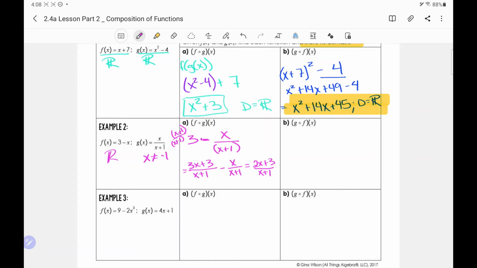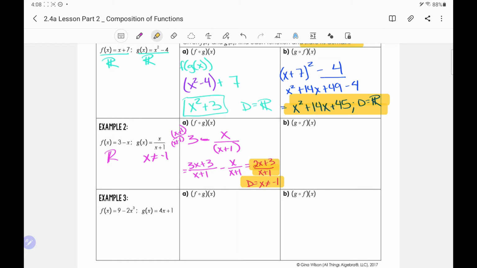Because if it were -1, we would have 0 in the denominator. So in this case, because f is all real numbers, the only limit we have is that it cannot equal -1. So we're going to say that our final answer is 2x plus 3 over x plus 1, with the denominator x cannot equal -1. And these are our final answer.